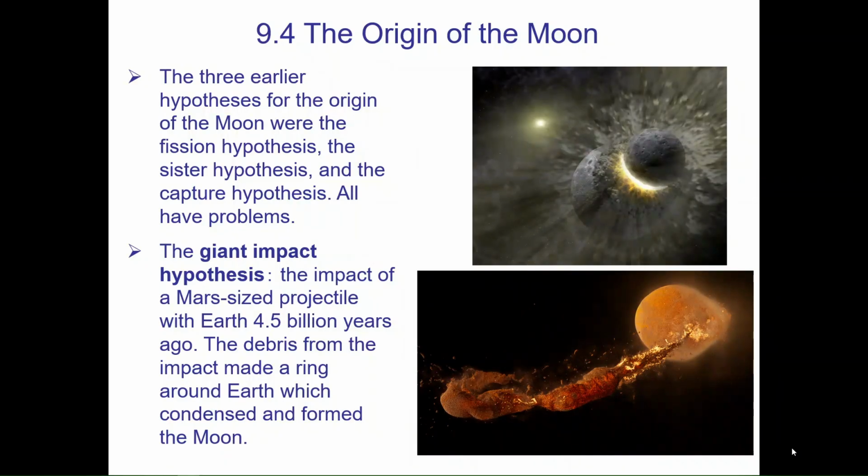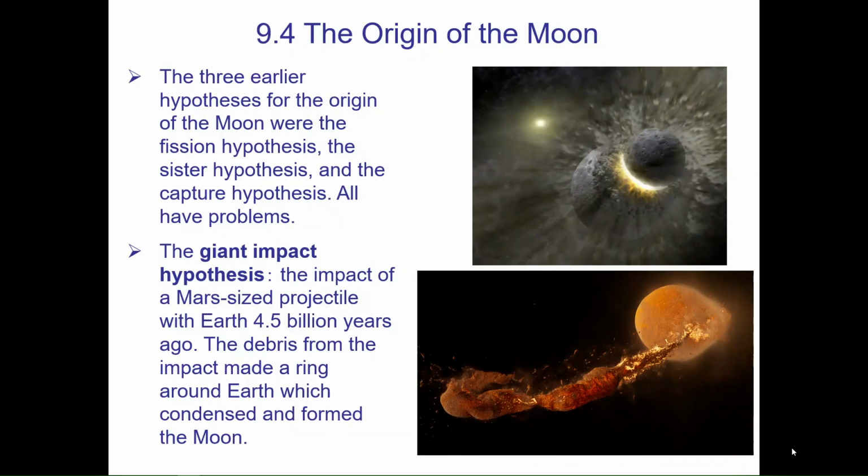Another theory is the sister hypothesis, which says the moon formed independently of Earth, similar to the formation of other planets. But the problem is that, unlike the Earth, the moon has no metal or iron core. If they had both formed independently, they should have gathered a similar type of material.